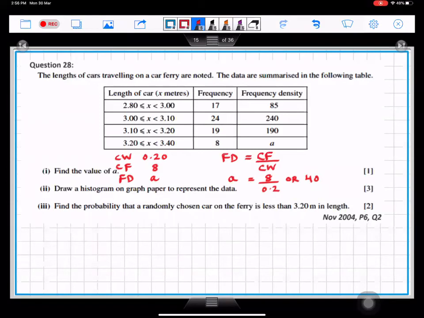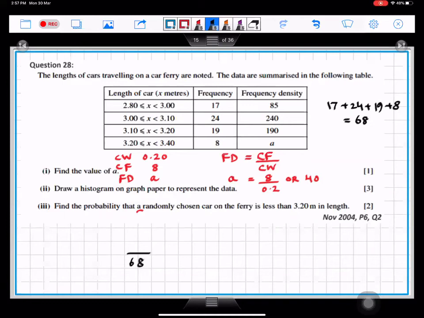Now it says, find the probability that a randomly chosen car on the ferry is less than 3.20 meters in length. A simple probability question. Randomly, one car is chosen. So therefore, 17 plus 24 plus 19 plus 8. How much is this? 25 and 24, that's 49. 49 plus 19, that is 68. So 68 will be the denominator.